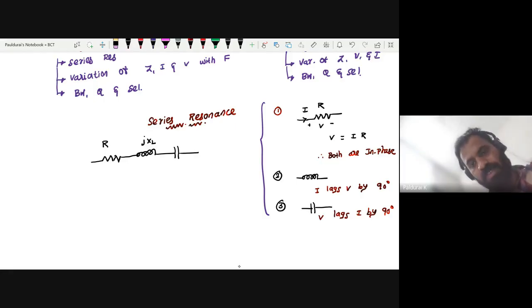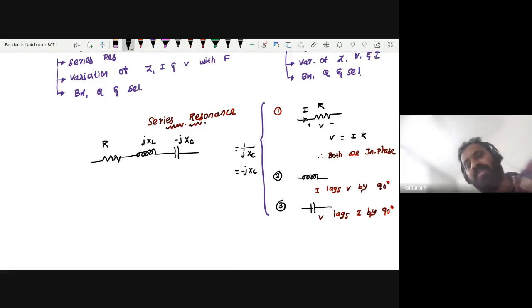If you include j, you get minus j XC, because XC equals 1 divided by j C omega, and the magnitude is 1 divided by C omega. So the reactance offered by the capacitor can be written as minus j XC.